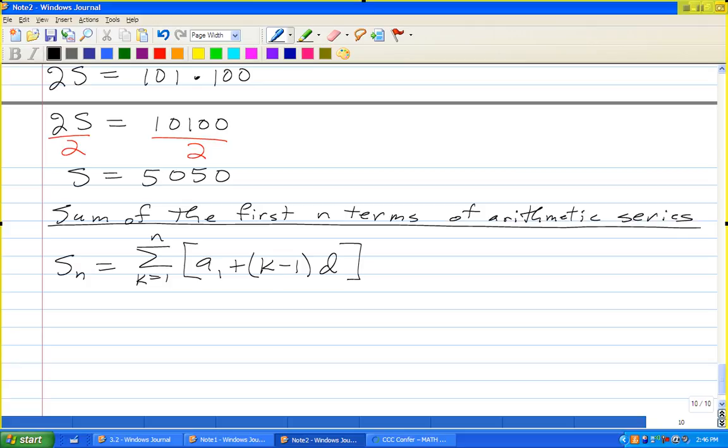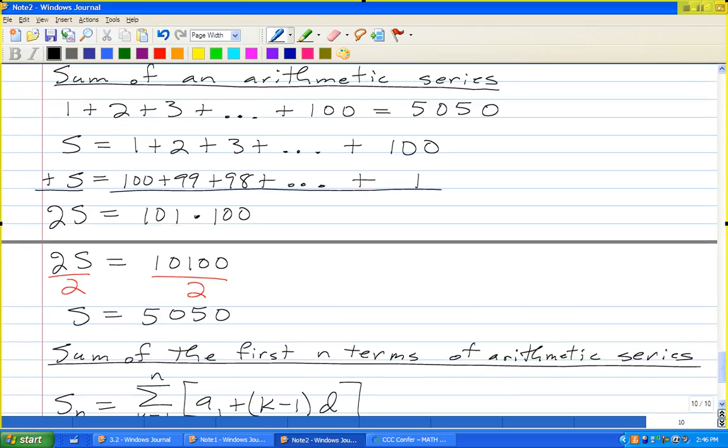Well, this will equal, what he said is, well, let's see. You add the first and last term, multiply by how many terms there are, and then divide by 2.